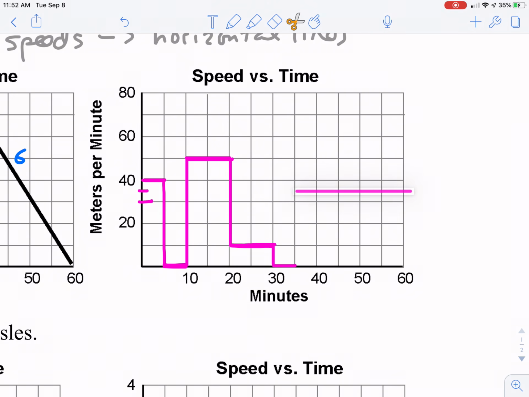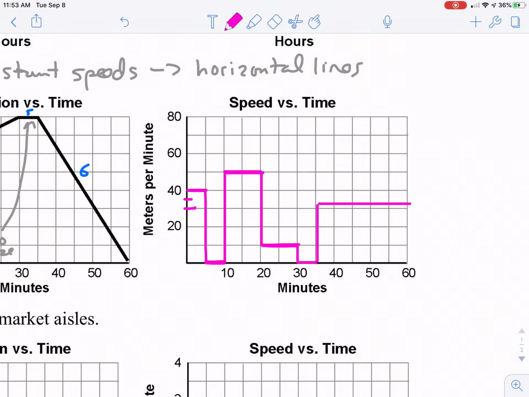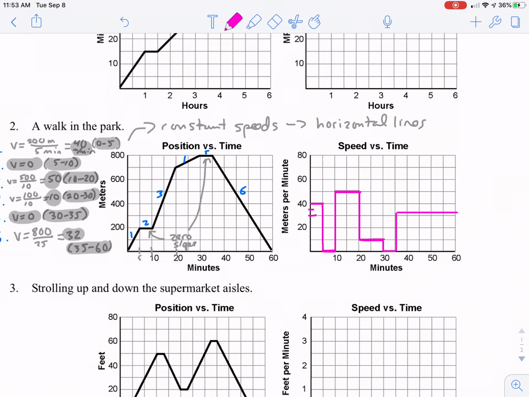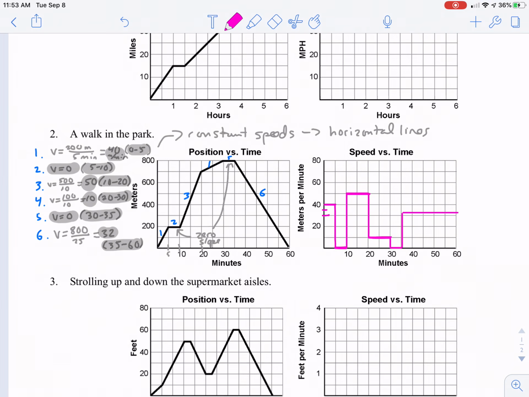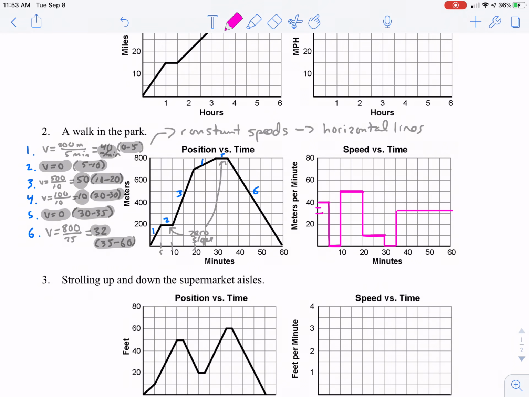So, okay. And again, if you want to connect it with a vertical line, I guess go ahead. Give it some continuousness. This would be an example of how you make speed calculations from a position time graph and plot those corresponding speeds on a speed time graph.